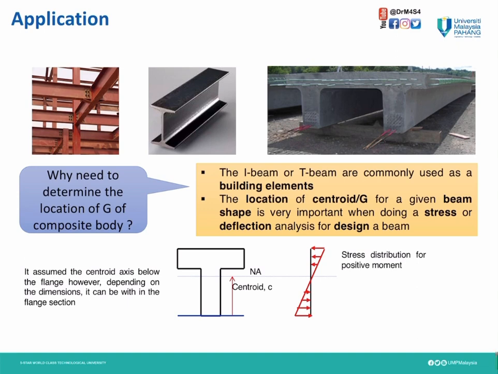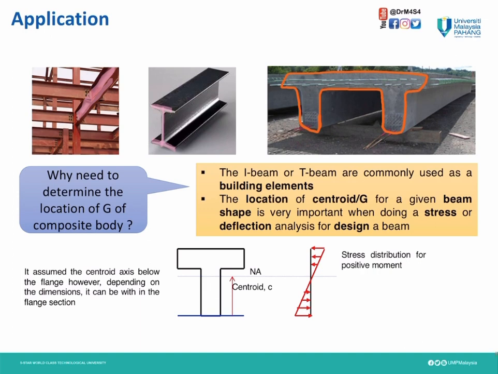For the application for us as civil engineers, as you can see here, here is a steel structure for a building. This beam is made from an I-beam section, while here you can see the T-beam shape. These are commonly used in construction for civil engineering. Therefore, we need to identify where the centroid or center of gravity is for this shape.